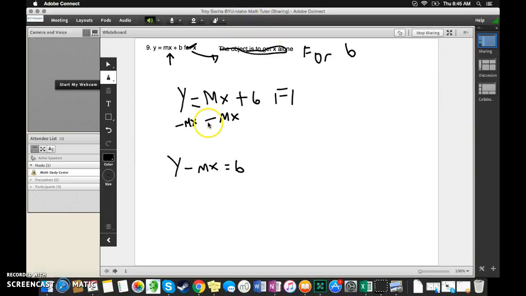If we know that this b has an mx added to it, then to remove the mx from the b, we would subtract mx. Now mx cannot be subtracted from y. There is no mx in y.